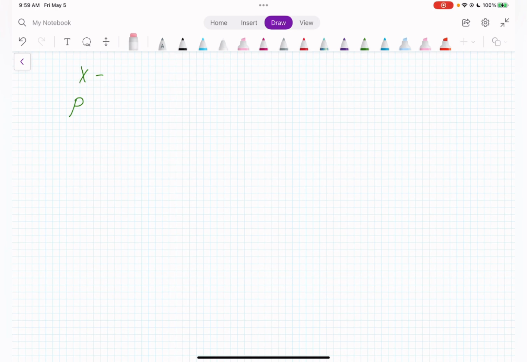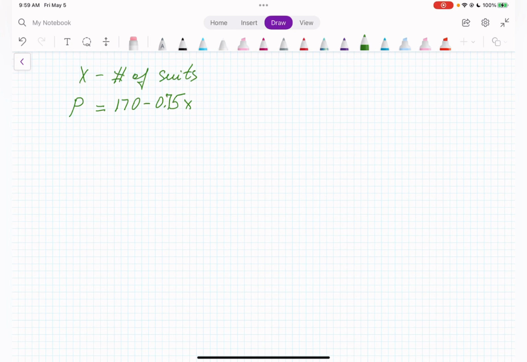I'm sorry, I was wrong, x is the amount of suits. P is the price per unit, so it's equal to 170 minus 0.75x.